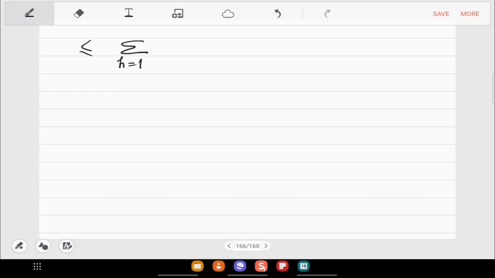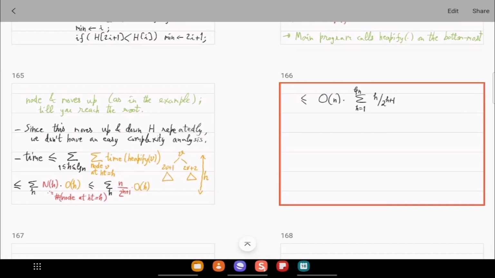So h goes from 1 to log n, and let's take out the big thing, which is order n, and multiply it by this. We take out order n because that doesn't depend on h. And what depends on h is just h upon 2 raised to h plus 1. So that we have separated.